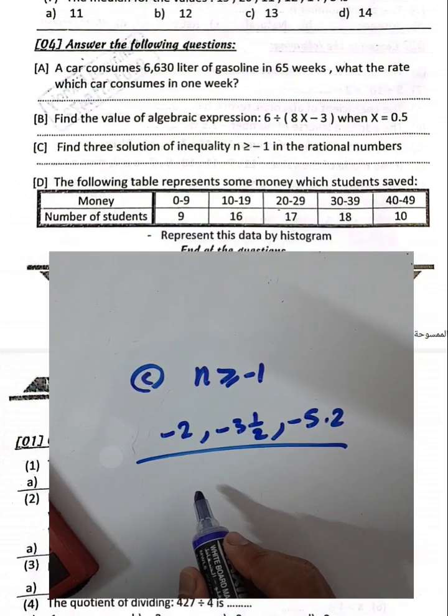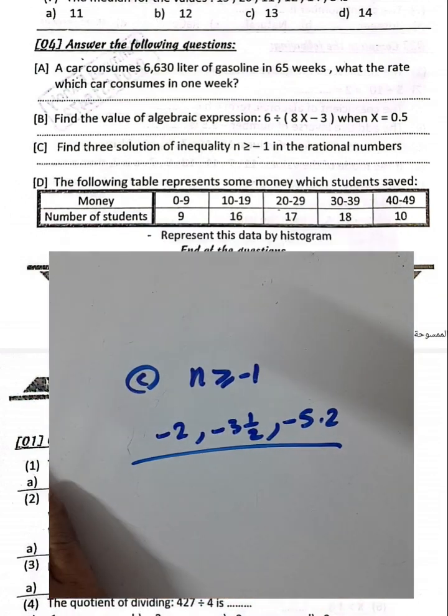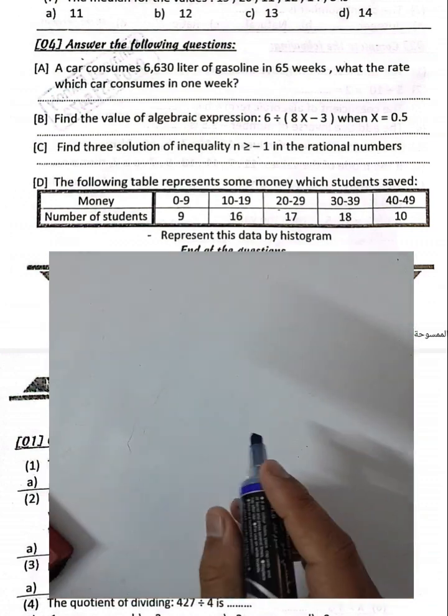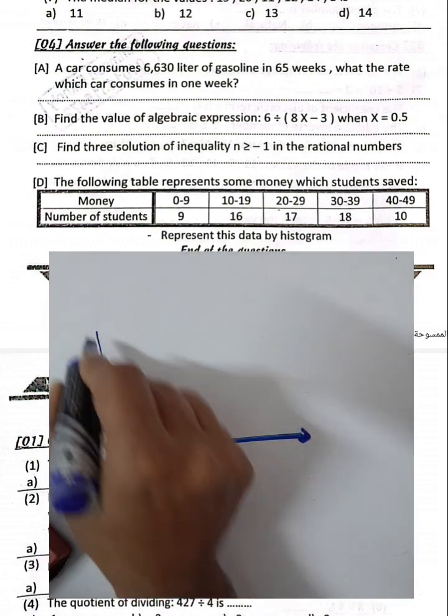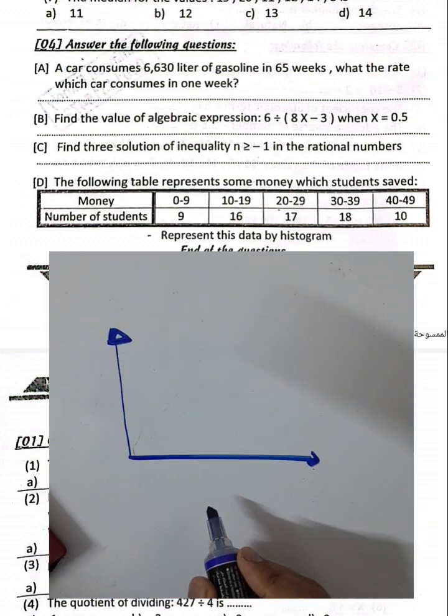The next question: you want to represent the data by using a histogram. He gives us the intervals, then you must draw the horizontal and vertical axes in the graph.